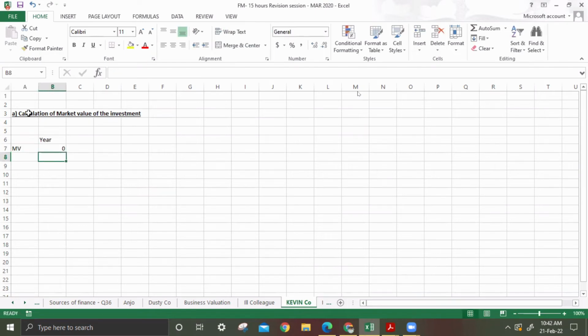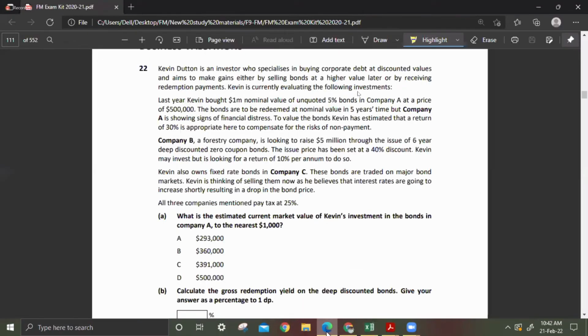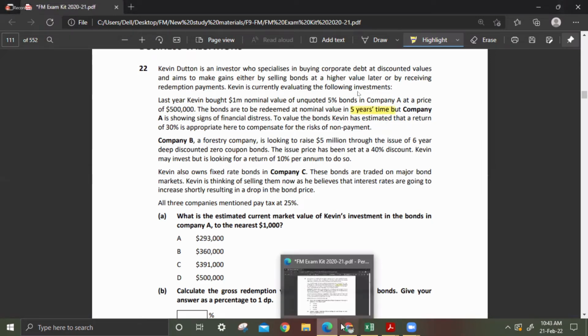Then here, when to when? 1 to 5, right? Because what is the value of the bond? How much is it? 5 years time, right?